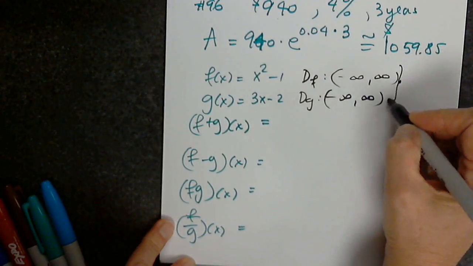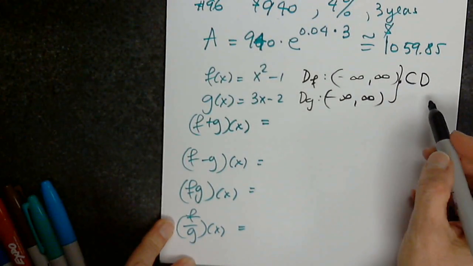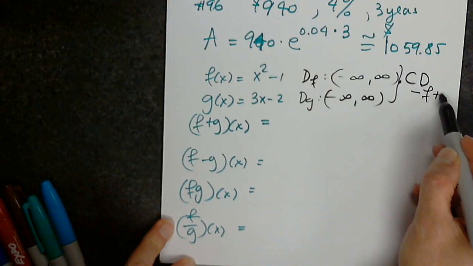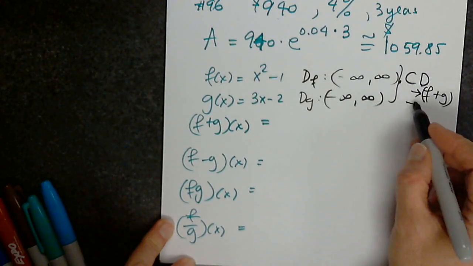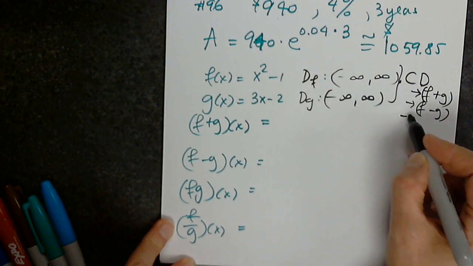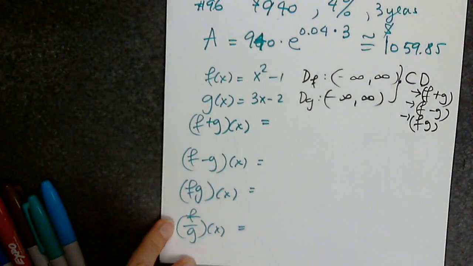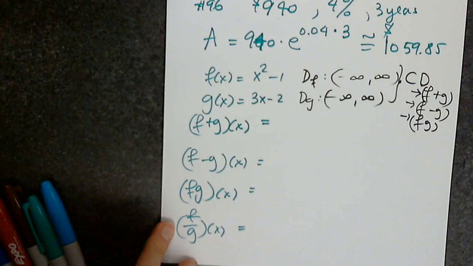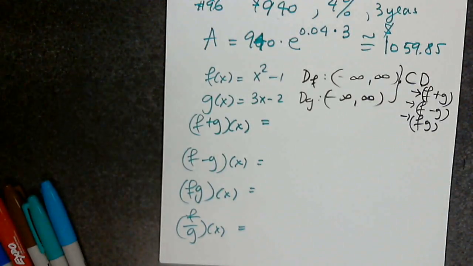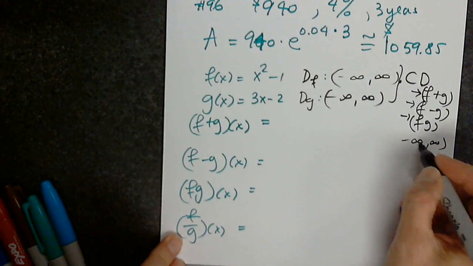So then what do we conclude about the common domain, which will be the domain of the sum, for the difference, and for the product? I don't have to write it again. What will be the common domain? All real numbers. Awesome. Good.